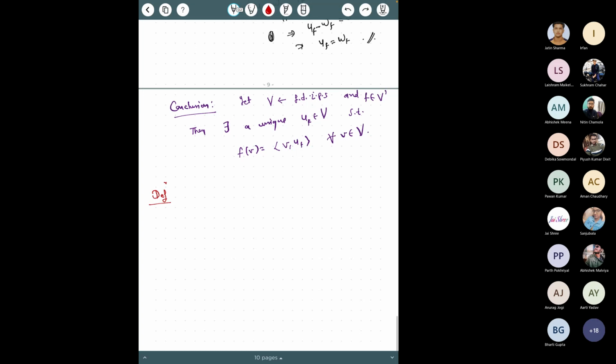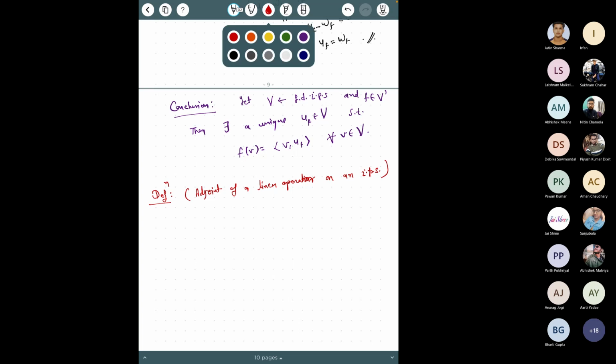I am defining first what an adjoint of a linear operator is, and then we will see whether the adjoint of an operator exists or not. So let us first define this.